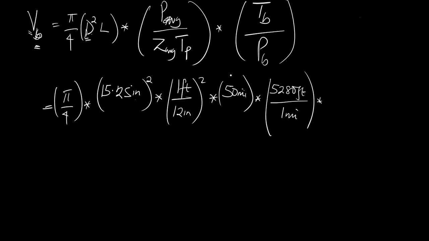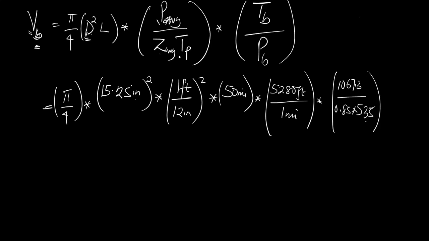Now, times, now we have this to be what? 1,067.3 divided by the Z, which is 0.85, divided by the temperature, which is 535.